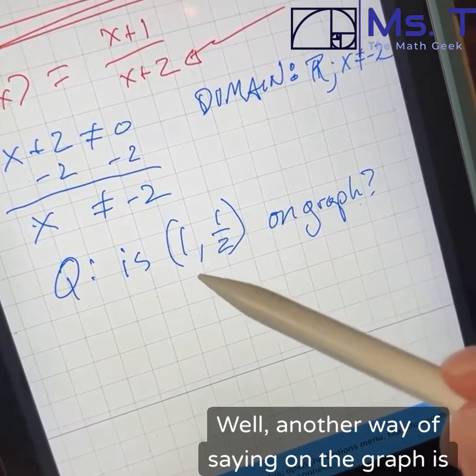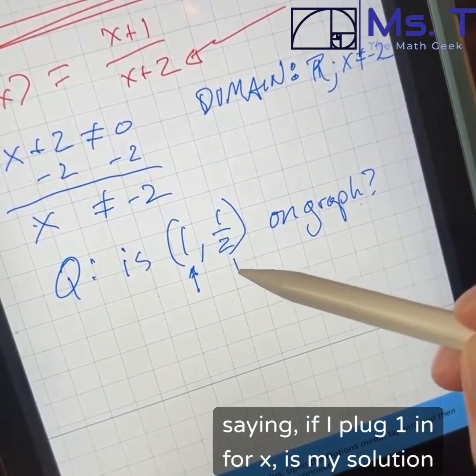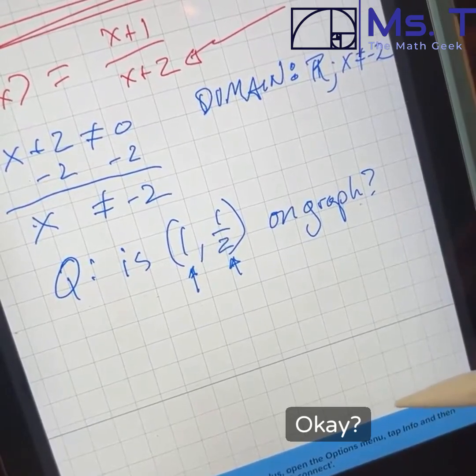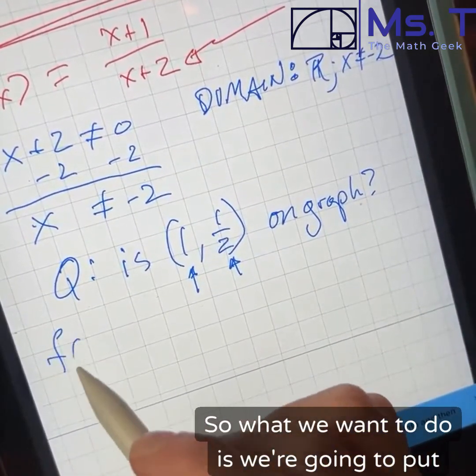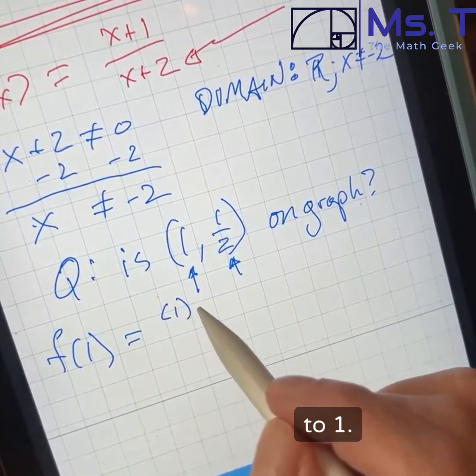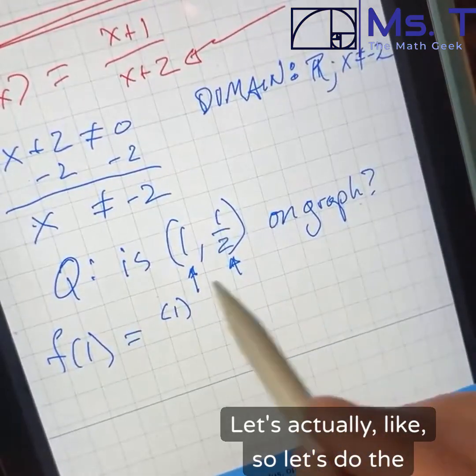Well, another way of saying on the graph is saying if I plug 1 in for x, is my solution 1/2? That's the question. So we're going to put 1 in for x, so we're going to find the function at 1. Let's do the original thing.